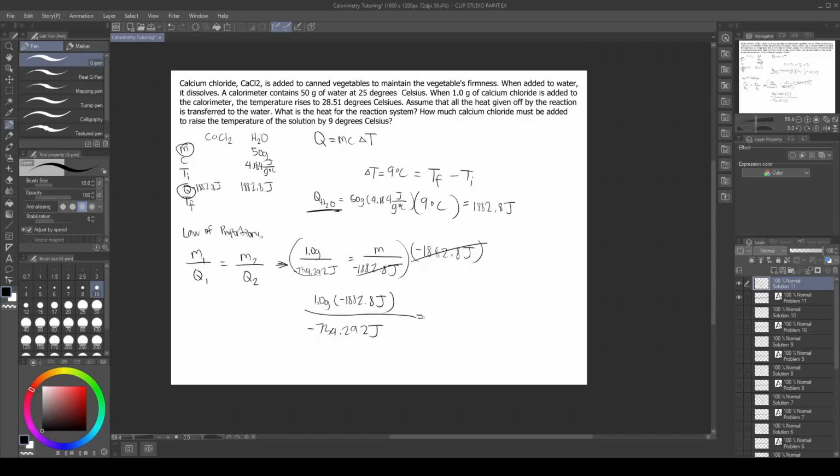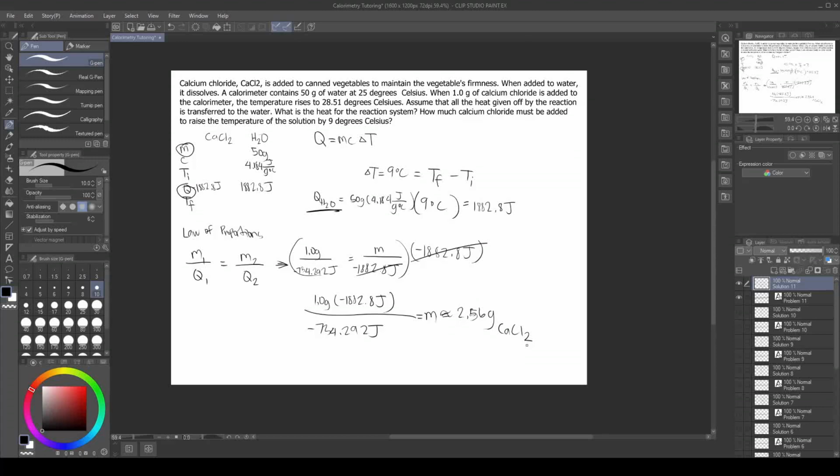You put that in your calculator, and what should come out is approximately 2.56 grams. When you put it in your calculator, the answer is probably going to be pretty long, but this is just a rounded down version. So how much mass did you need for calcium chloride in order for the change in temperature to be 9 degrees? You needed 2.56 grams of calcium chloride.